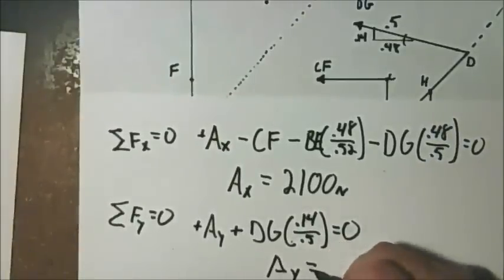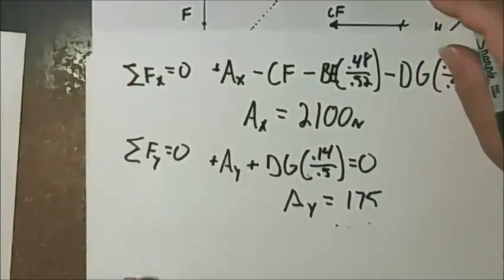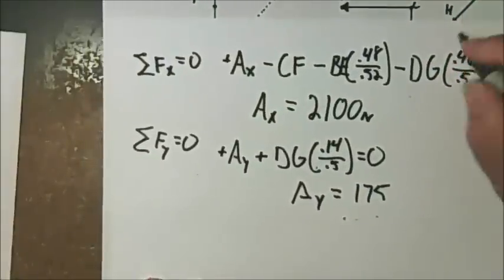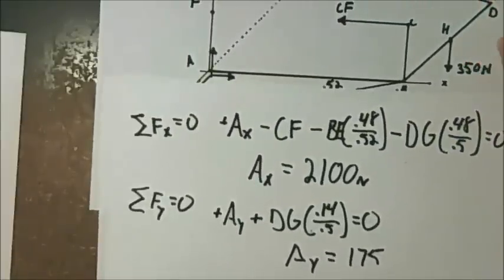So AY is equal to 175, which we already found a moment ago. Which is why I said it wasn't necessarily needed to sum the moments about Z prime.